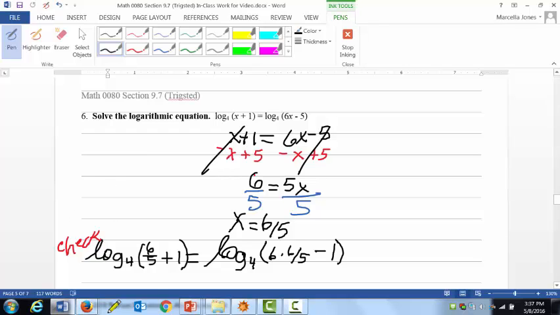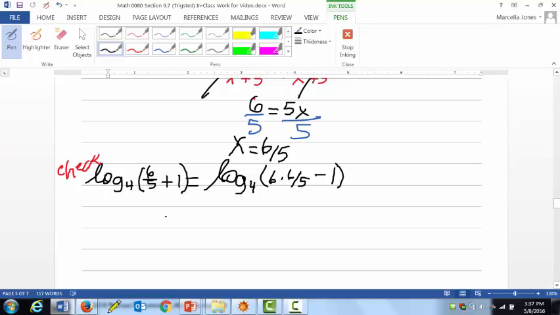So 6/5 plus 1 is actually 6/5 plus 5/5. I can rewrite 1 as 5/5. And 6 times 6/5 minus 1.